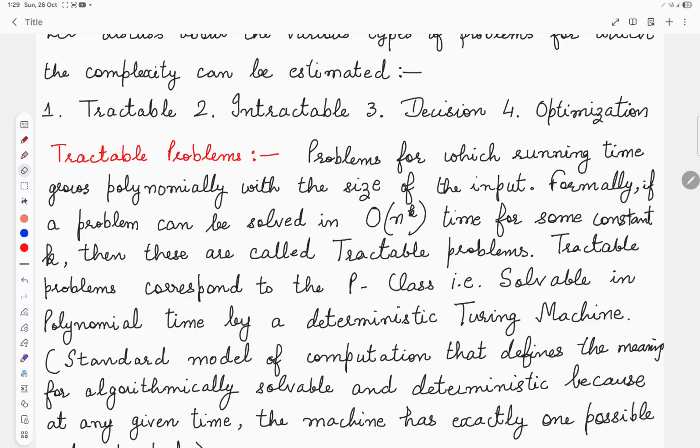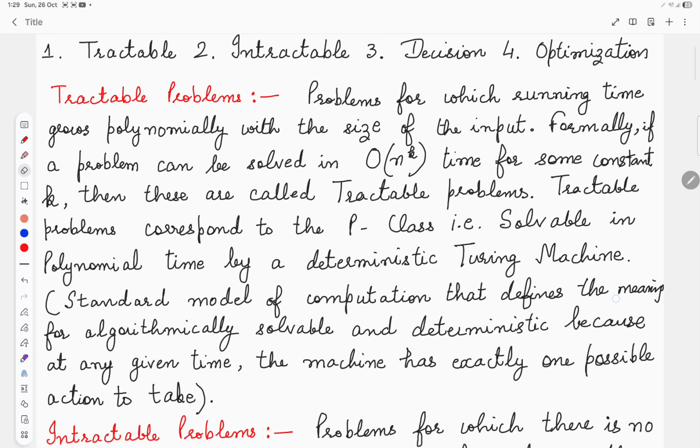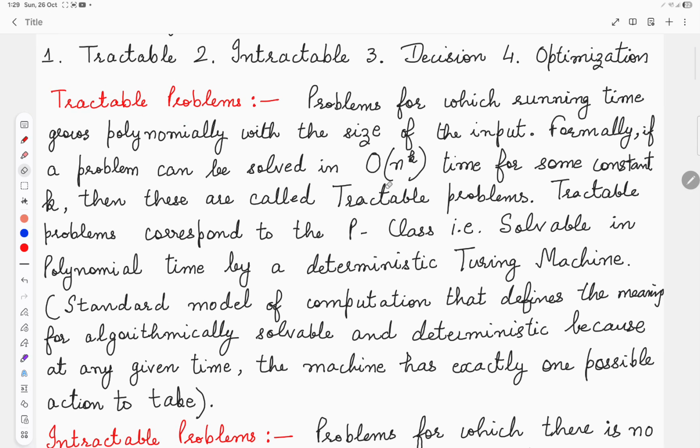Now, I was discussing tractable problems, for which running time grows polynomially with the size of the input. Formally, if a problem can be solved in time n raised to the power k, so this is polynomial order, big O of some polynomial factor, solved in polynomial time for some constant k.